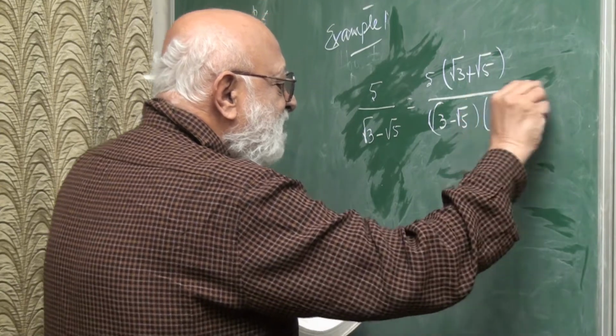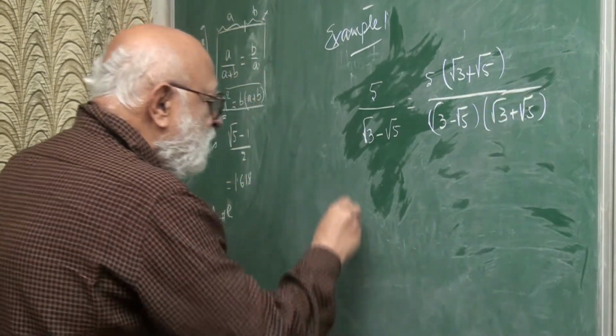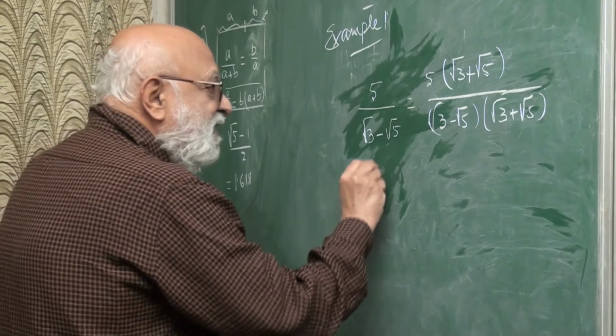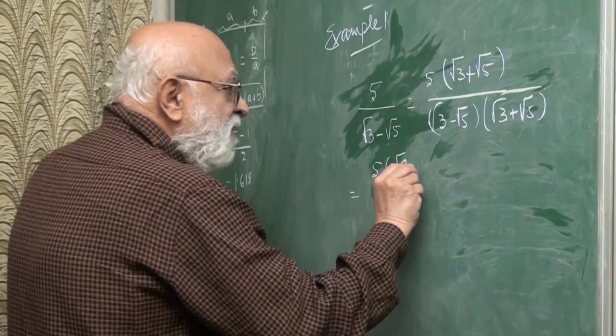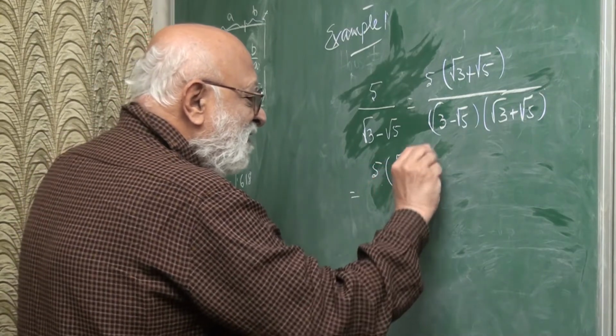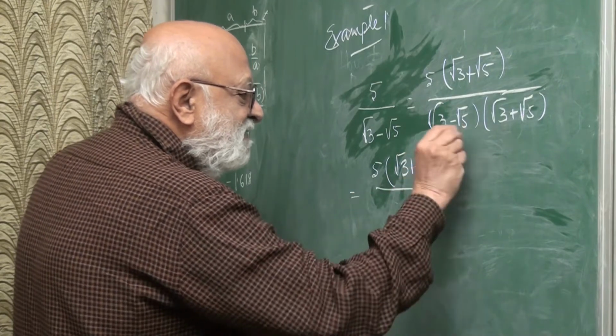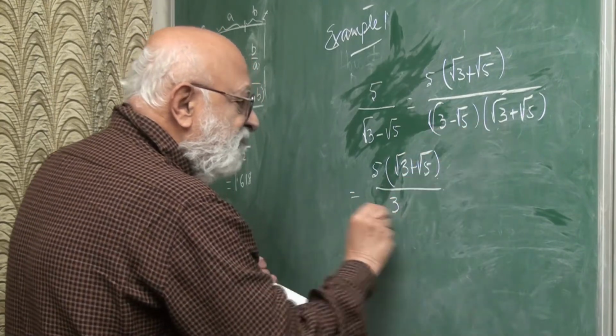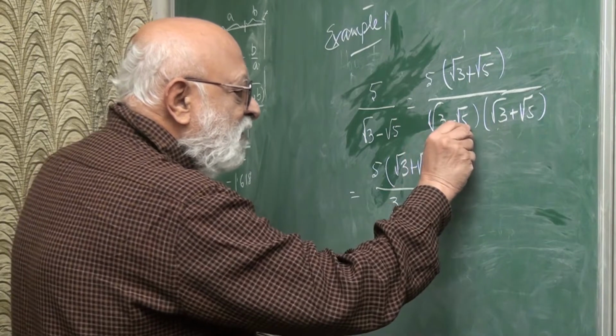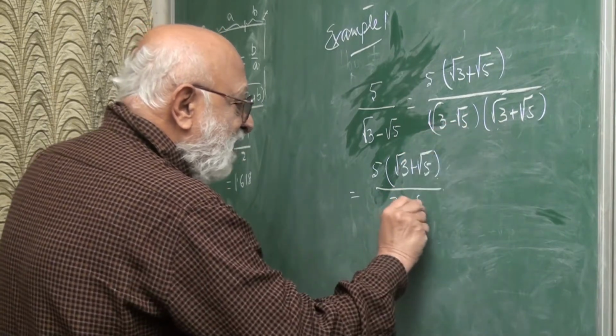I have already discussed the things that we are going to do. So this will be 5 into root 3 plus root 5, and here the square of root 3 should be 3, and the square of root 5 is 5 with minus.